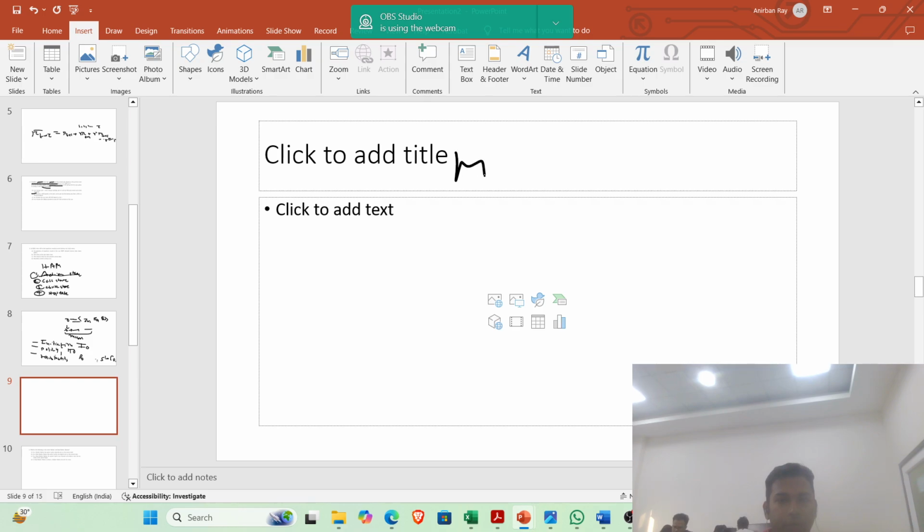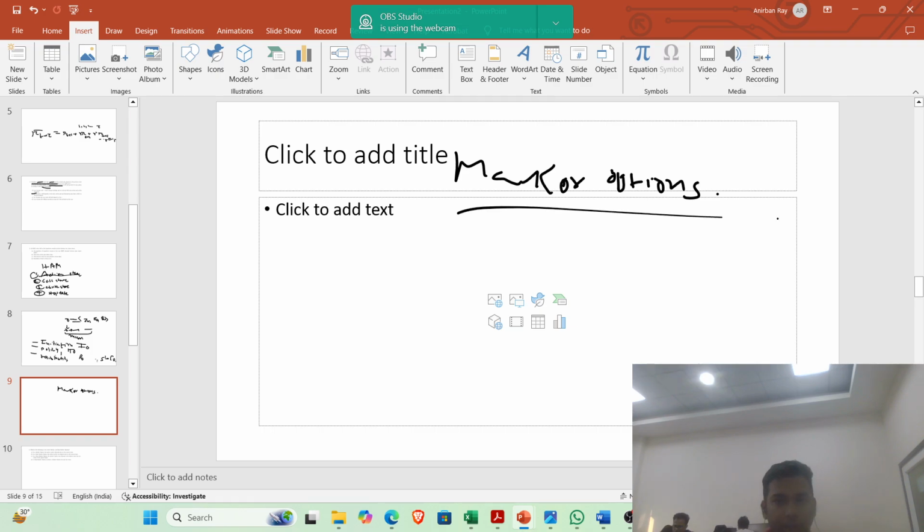Next, we have the concept of Markov options. Markov options are formulated such that you have a policy pi 0 that is only defined for a specific state S. What does that mean?